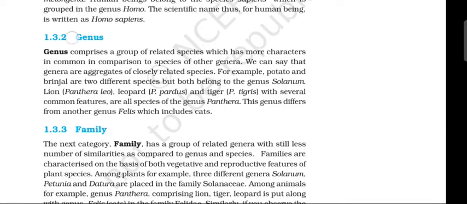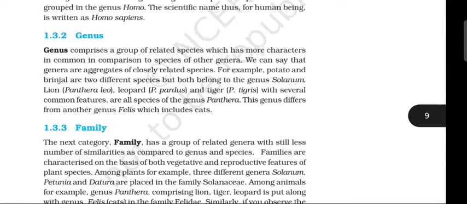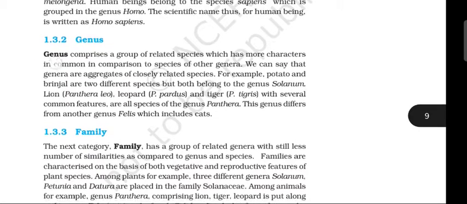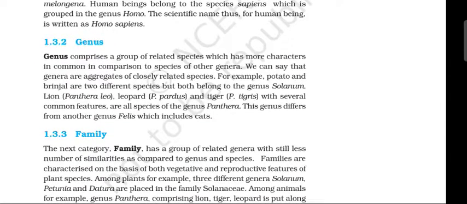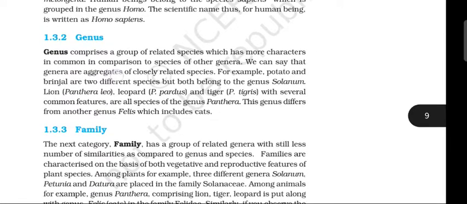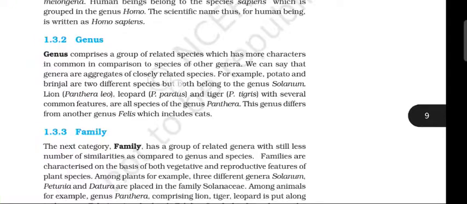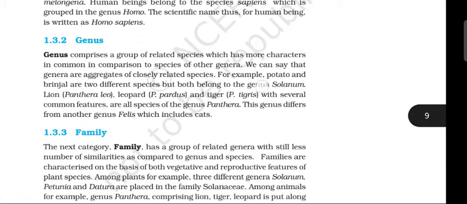So now we'll study genus. A genus comprises a group of related species which has more characters in common in comparison to species of other genera. We can say that genera are aggregates of closely related species. For example, potato and brinjal are two different species but both belong to genus Solanum.